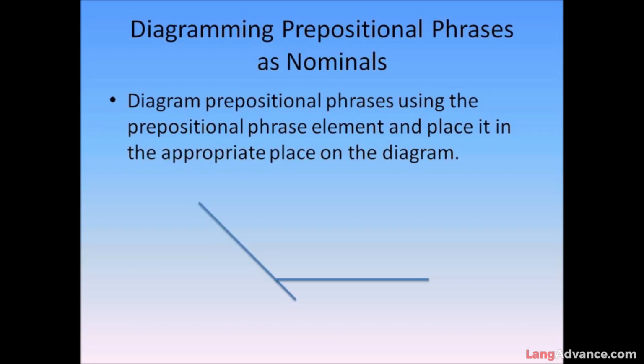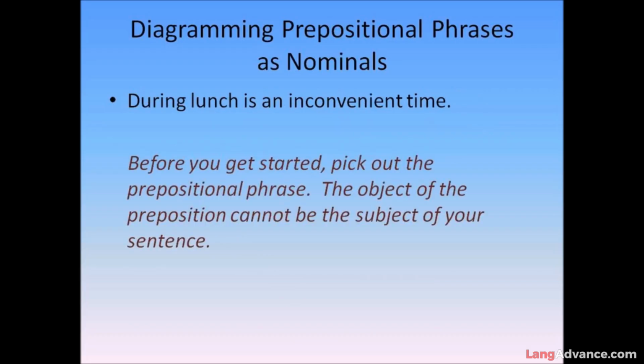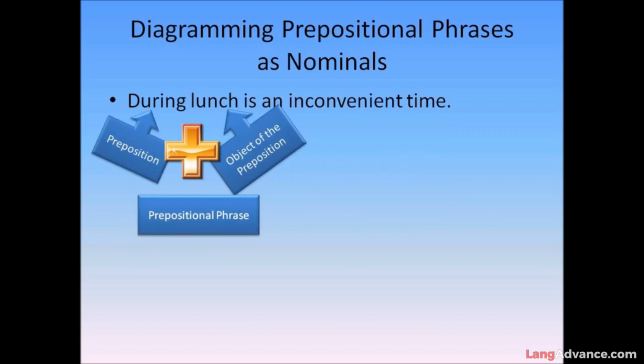So when we diagram a prepositional phrase as a nominal, again, we take a look at it as though it were any other sentence. We pick out any of the prepositional phrases in the sentence, and we know that the object of the preposition cannot be the subject of the sentence. In this example, the preposition is during, the object of the preposition is lunch, so together, during lunch is the prepositional phrase.